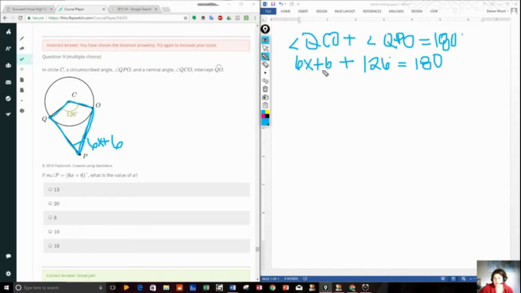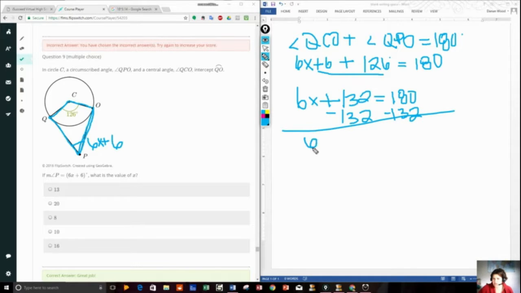Alright, well, I'm going to combine like terms. 6 and 126, that's going to give us 132 plus 6x equals 180. So then we're solving for x, so now I'm going to be moving my constants over, so I've got to subtract 132 from both sides.